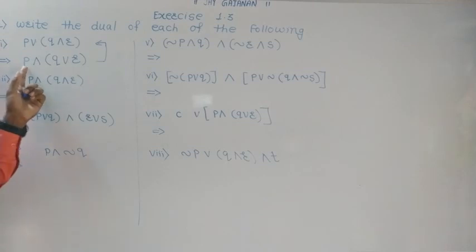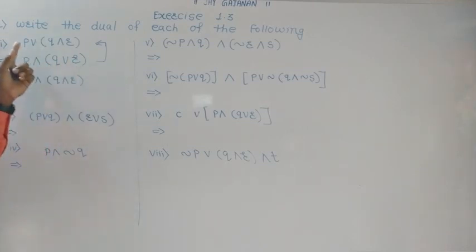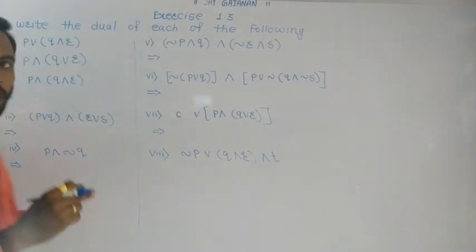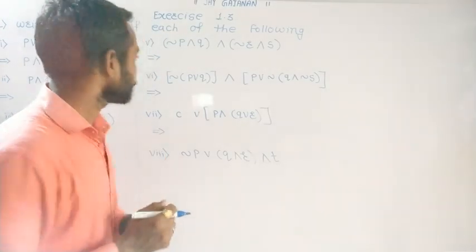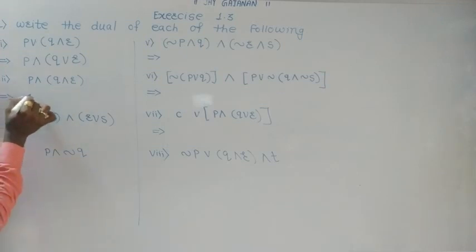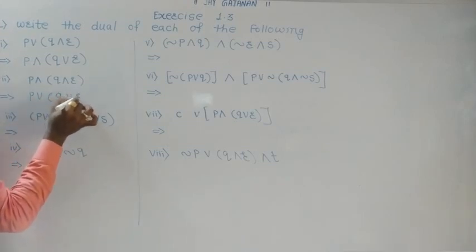Means if we take the dual of P and Q or R, then we get P or Q and R. Remember it: the dual of the dual statement is again the original statement. Now the second example is P and Q and R. The dual of this statement is P or Q or R.